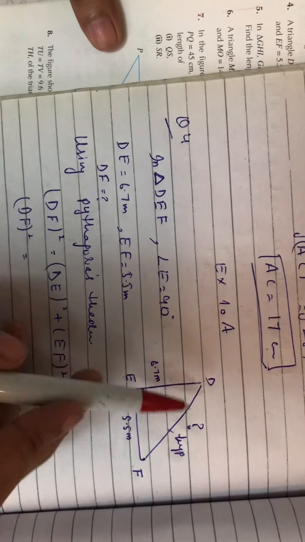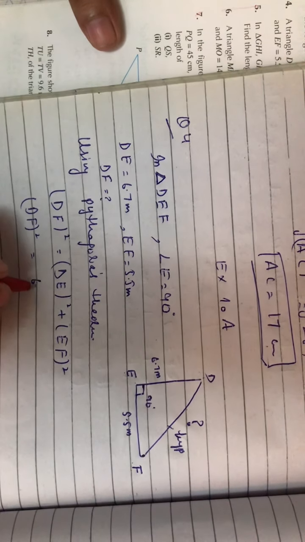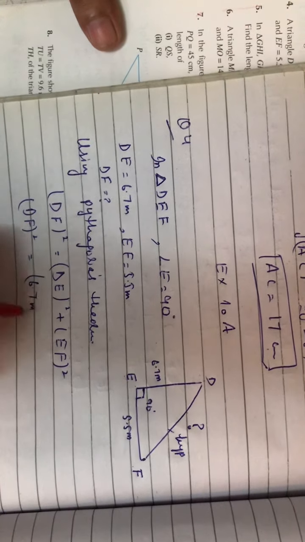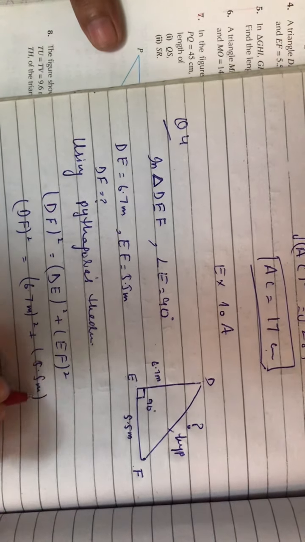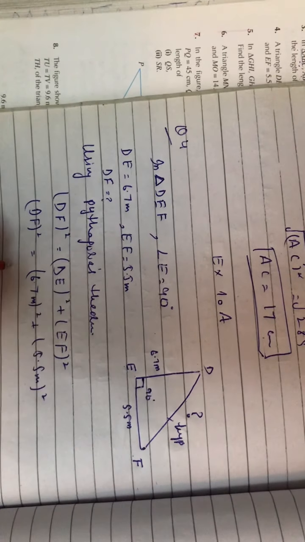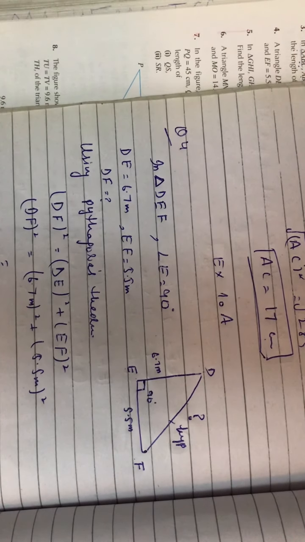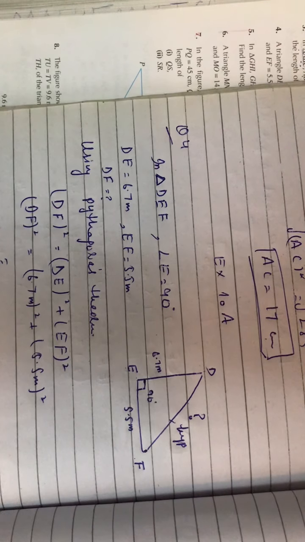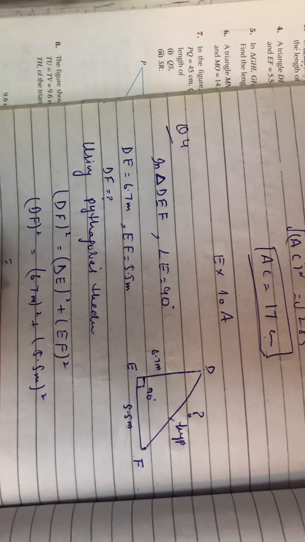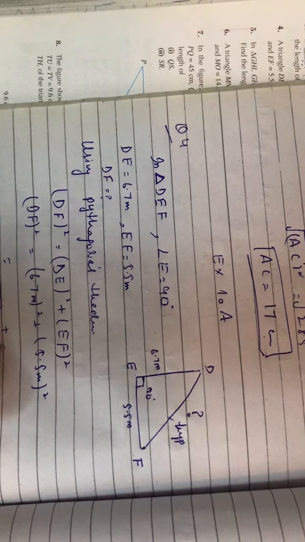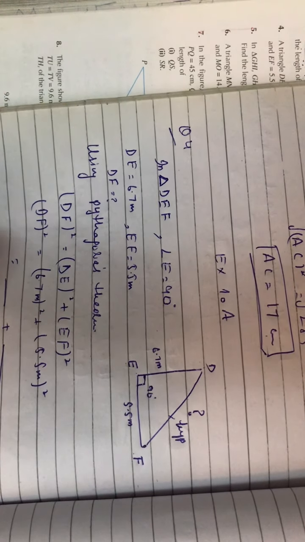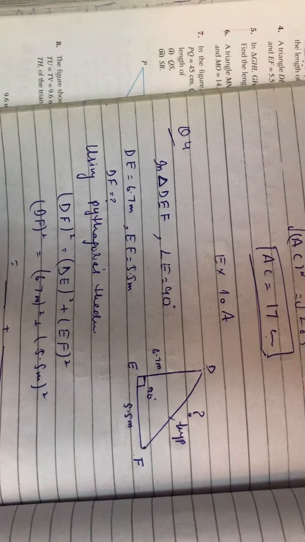DE square. What is the value of DE? 6.7 meter square plus, and what is the length of EF? 5.5 meter. Now we find out the squares. We open the square of 6.7 plus and then open the square of 5.5 meter. Then the value of DF square is given.